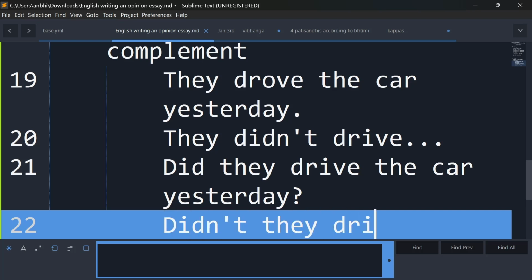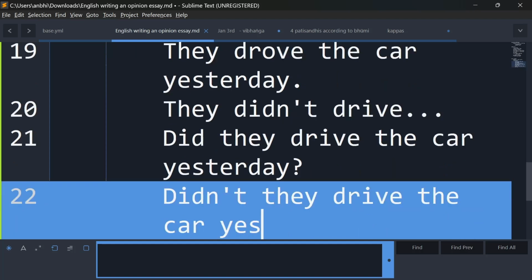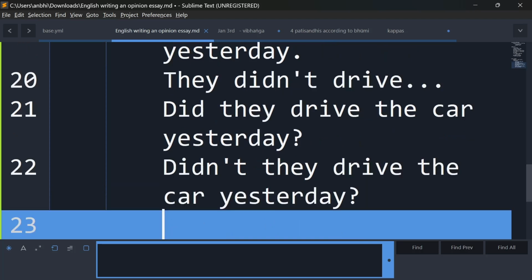How is it a negative question? Didn't they drive the car yesterday? This is more like to confirm something. You think they drove. But now you have some doubt. And then you may ask in this way. Didn't they drive it?